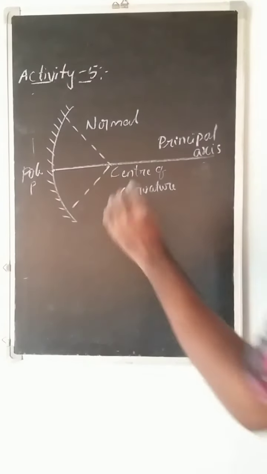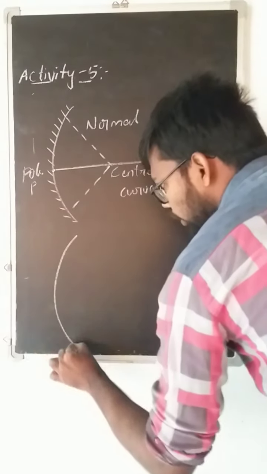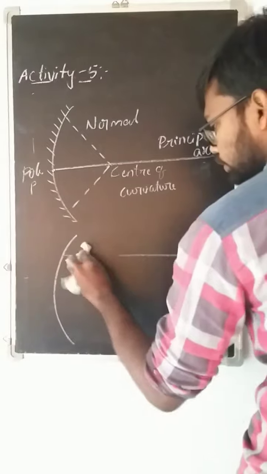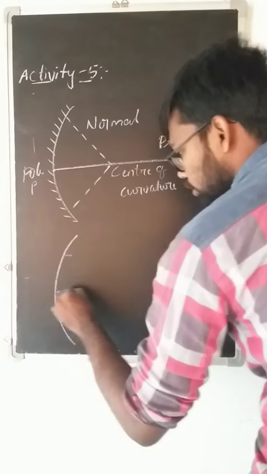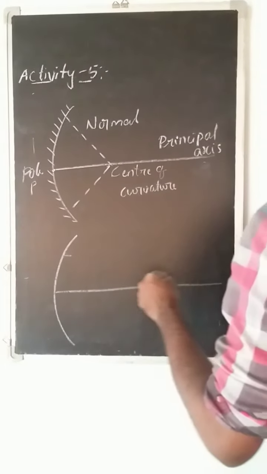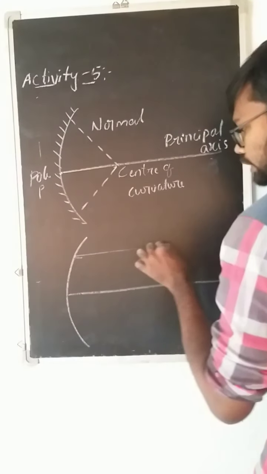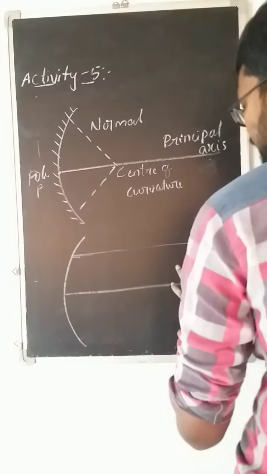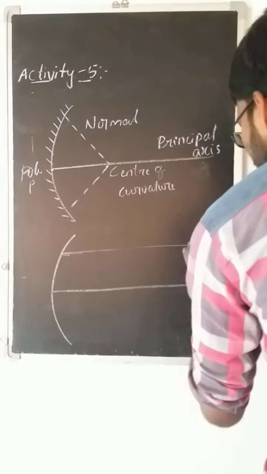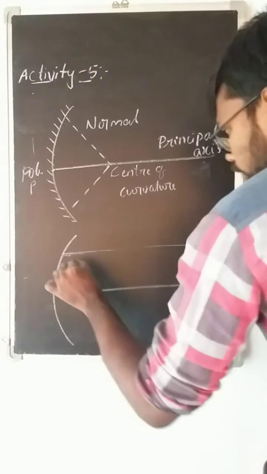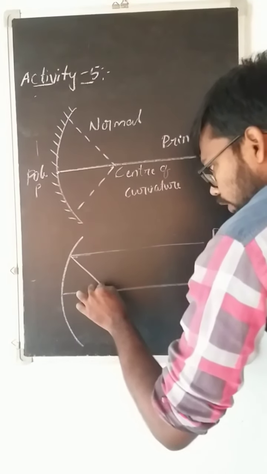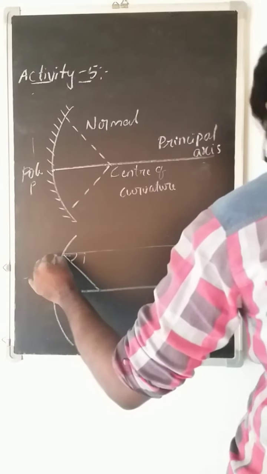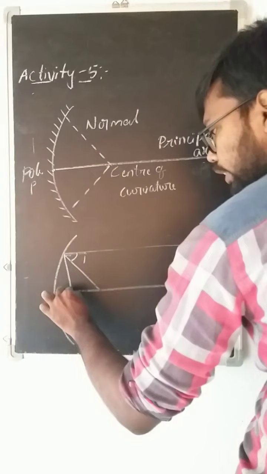If a light ray is incident at a different surface, this is the principal axis, and the light ray is incident from here at R. Now what will happen? This is the incident ray, and the light ray will be reflected back.